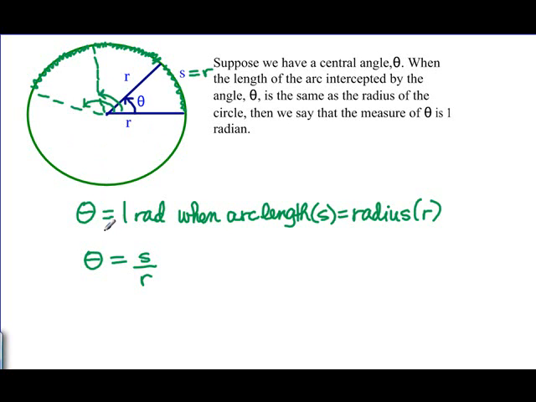Because if we wanted to figure out how many radians are in a full rotation of the circle, well, we know in terms of degrees that's 360 degrees, right? So if I make a full rotation of the circle, what is the value in terms of radians of that angle theta?